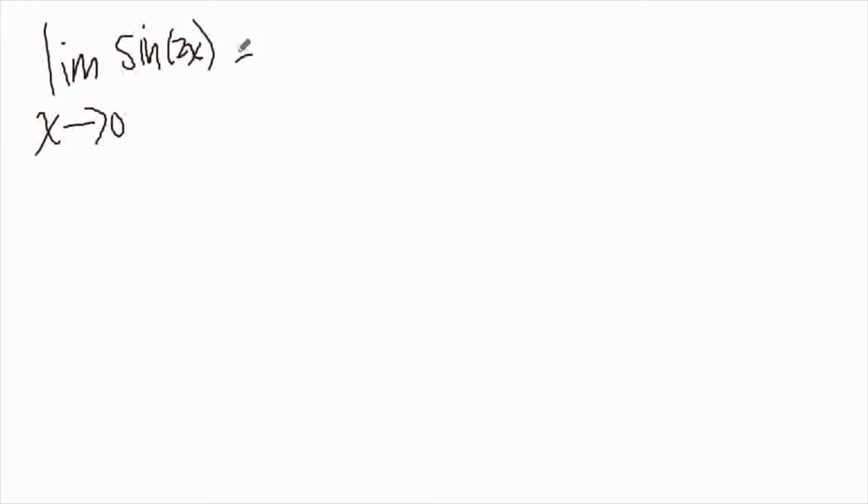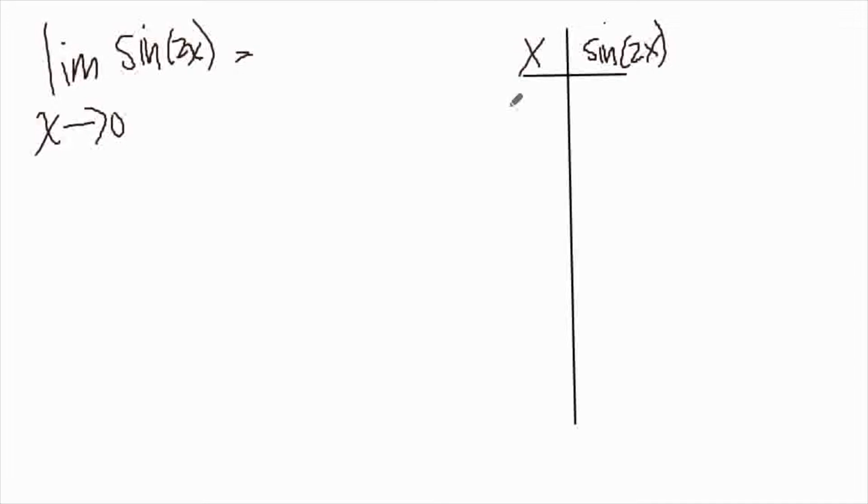You can plug in smaller and smaller values of x, and you will see that if you make a list, like a table, you could put x and then the value of the sine of 2x, and you could do 0.3, 0.2, 0.1, 0.05, and so on, and then study the values on the right side as you go down the list.